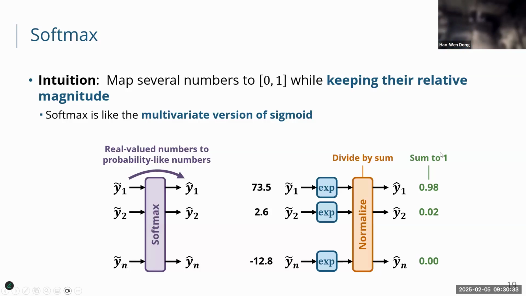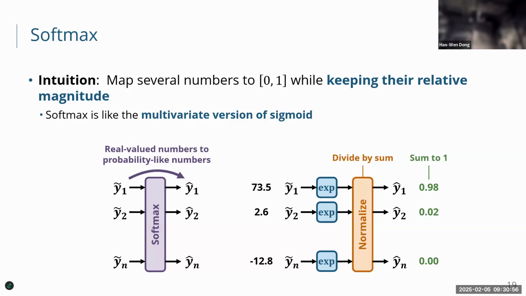If the value is larger, you get a larger portion of the probability. So softmax is a way of turning a bunch of different numbers into probability-like values that sum to one, and the larger the input, the larger the portion in the output.